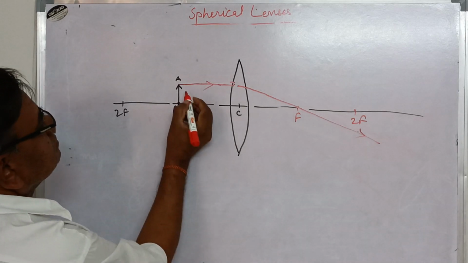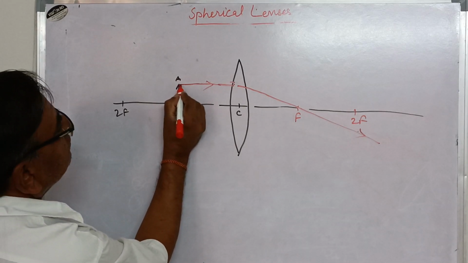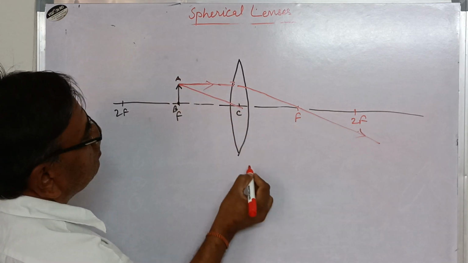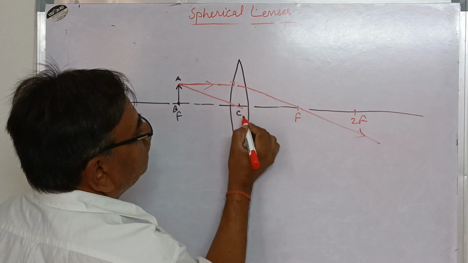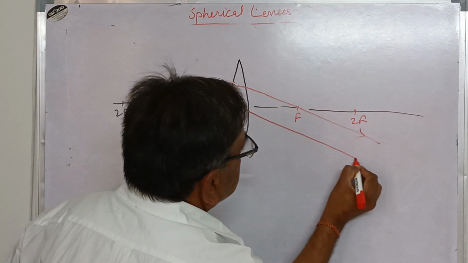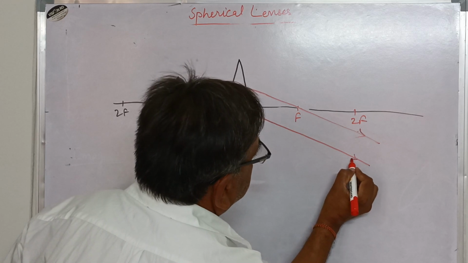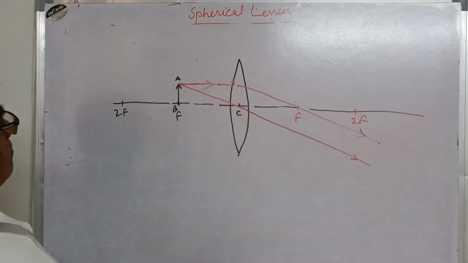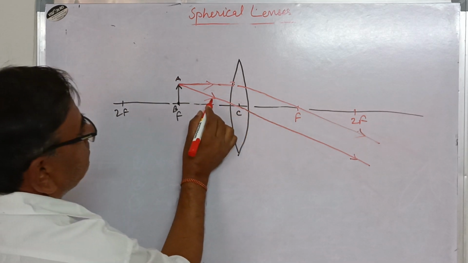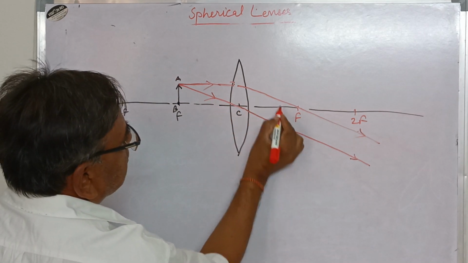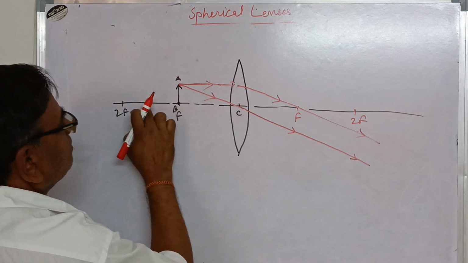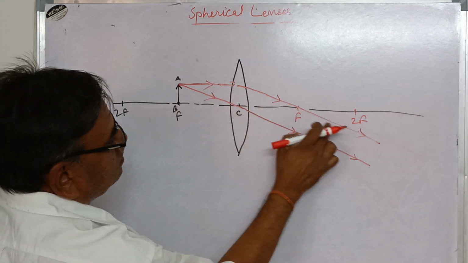Here, if you take the second ray, it is passing from the optical center, and you find that these rays are parallel. This is incident ray. After refraction, this will not change the direction, this will go in this side, but the first one which was parallel to this axis will pass from the focus.